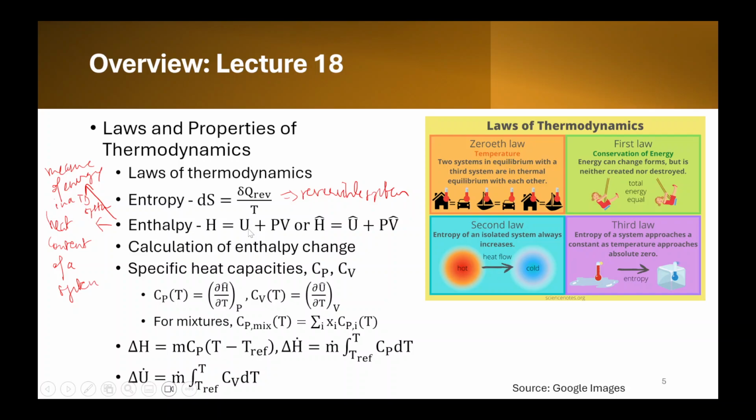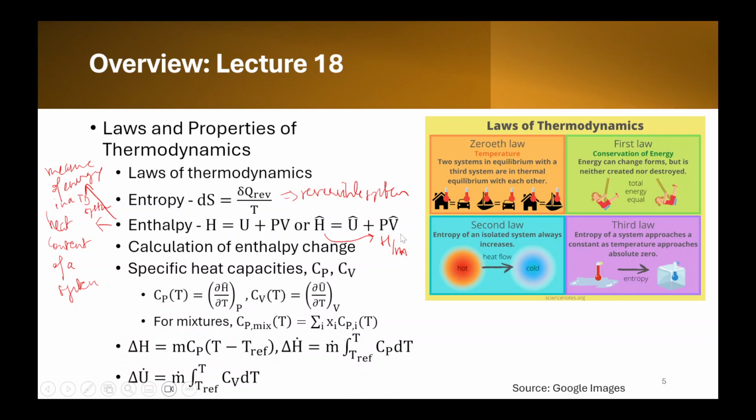You can write it as H equals U plus PV, where H is the symbol for enthalpy and U is the symbol for internal energy, plus the PV work. This term here is specific enthalpy, which is H by M, H by mass. The same goes for U hat, which is U by M, and V hat is also V by M, or specific volume.